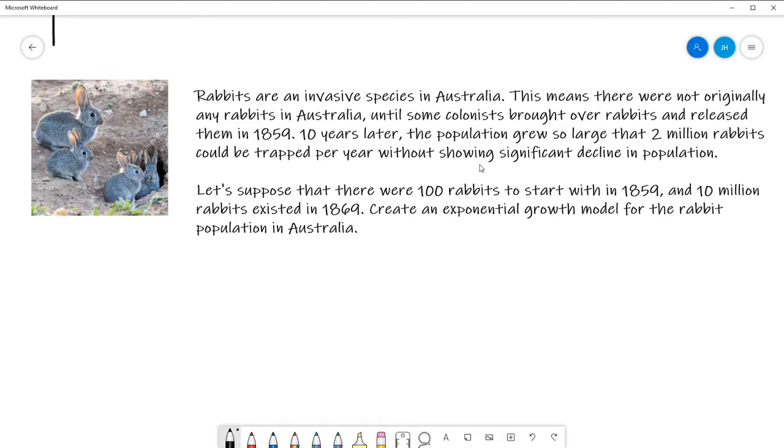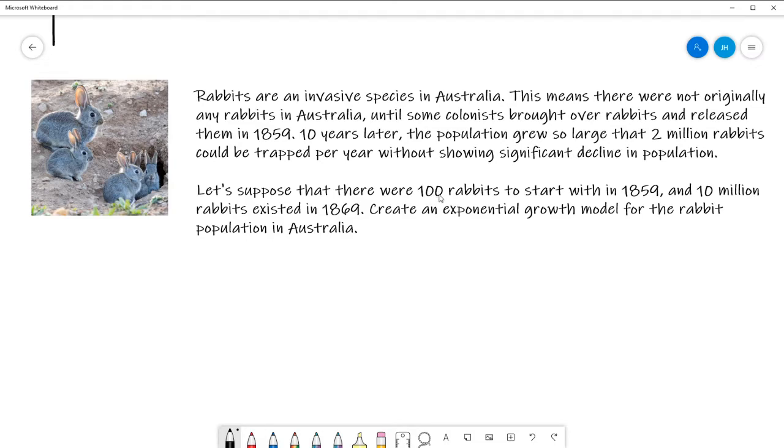So we're going to use this to try to calculate an exponential growth model for the rabbit population in Australia. To start off, let's suppose that there were 100 rabbits to start with in 1859. That's about right. It started with actually like one dude releasing 24 rabbits, but other people also released rabbits after they heard what that guy did because they all wanted to hunt the rabbits for game, right?